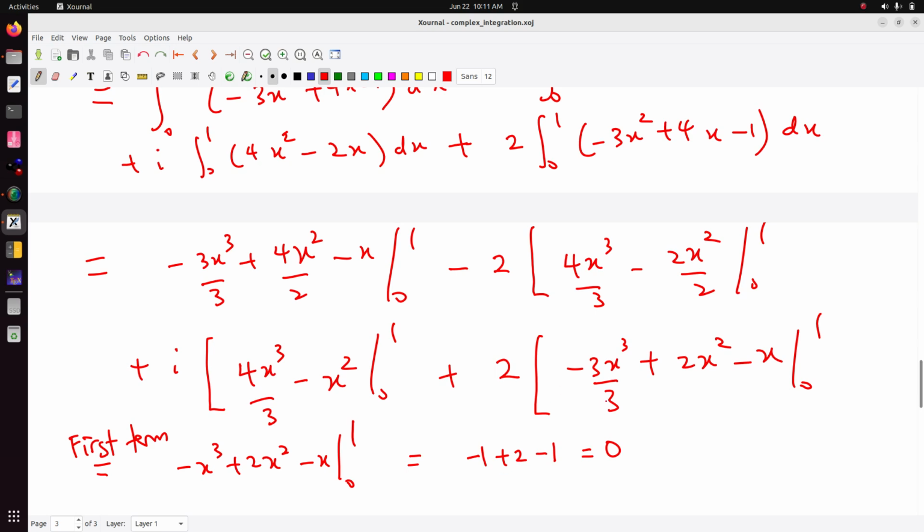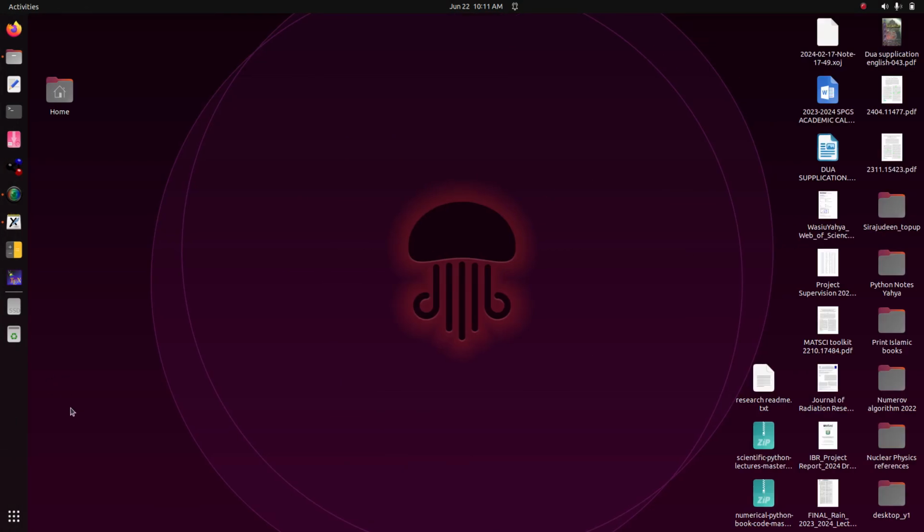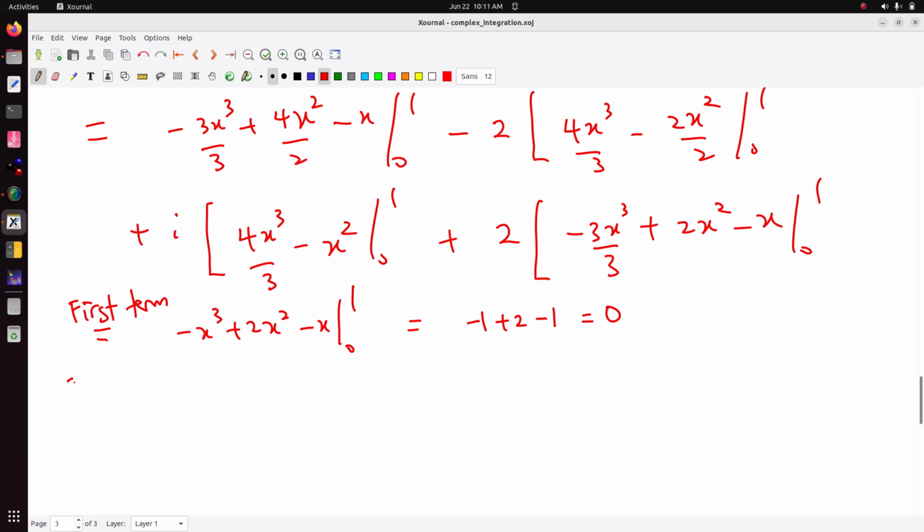Now, if you do the second term, you have minus 2 outside, then 4x cubed over 3 minus x squared, 0 to 1 as well.